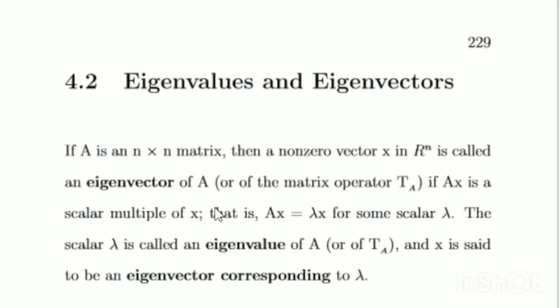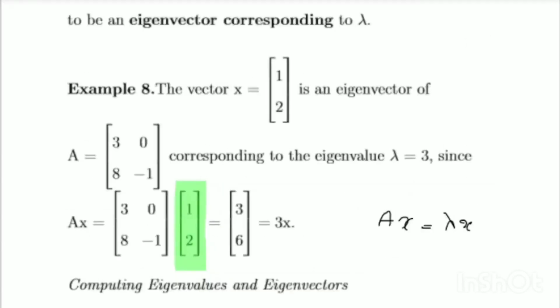Now we can check some examples. The vector x equal to the column vector (1, 2) is an eigenvector of the matrix A equal to [3, 0; 8, -1], corresponding to the eigenvalue lambda equal to 3. Why?